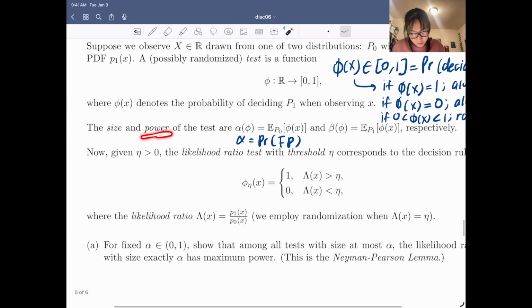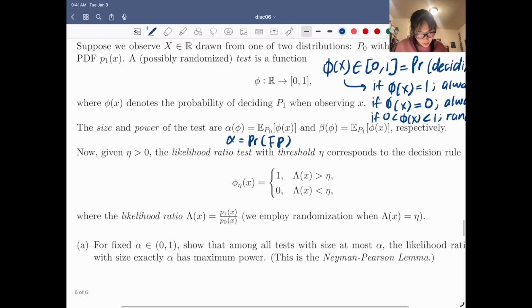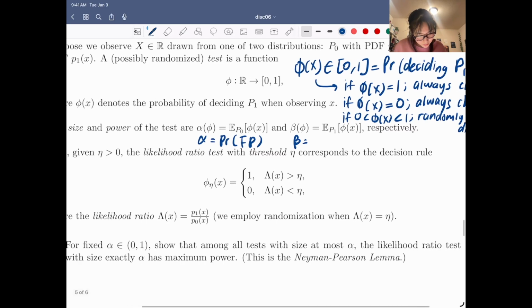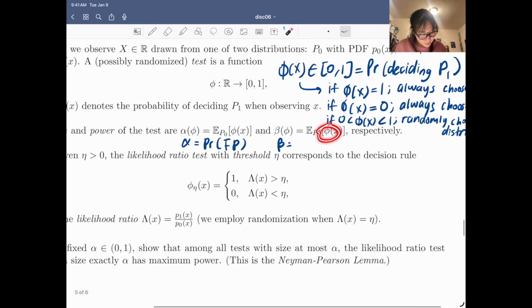Now let's look at beta. The power of a test is described as this beta. Here, again, phi of x is the probability of deciding on probability distribution 1, given we actually got this conclusion from the P1 distribution.